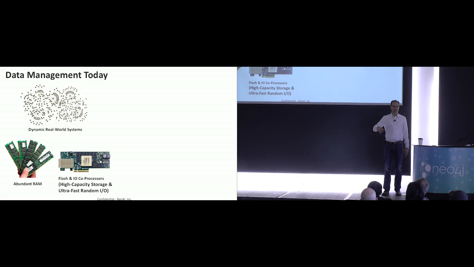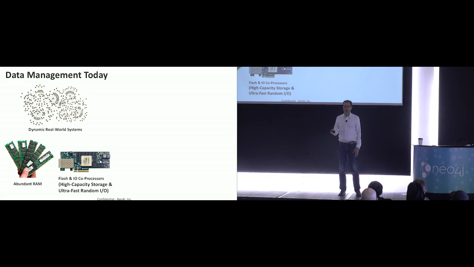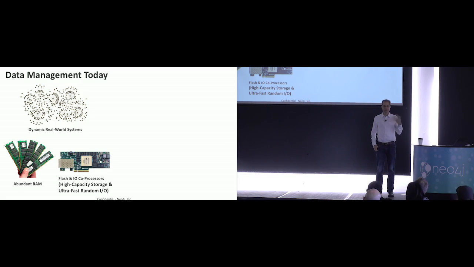The technology constraints are abundant RAM, so many orders of magnitude more RAM for the same price or cheaper, and devices from a storage perspective that are much more forgiving in terms of doing random I/O. And actually, if you look at the secret sauce with Neo4j and why you can do these very fast graph traversals, it's because Emil and Johan, the co-founders of this technology, actually did the crazy thing back 10 years ago or so to design a database that is 100% based on random I/O.